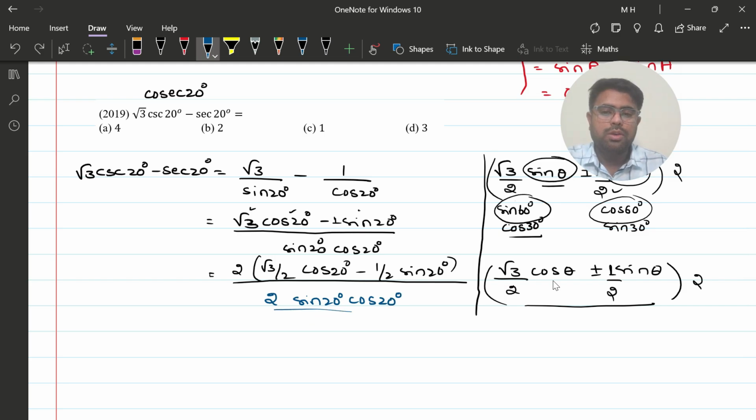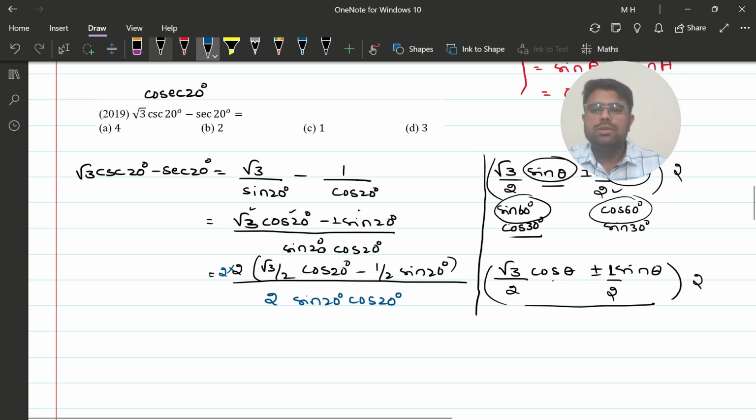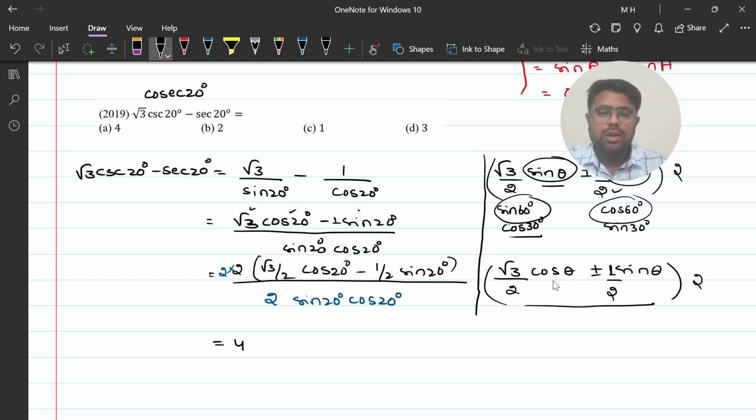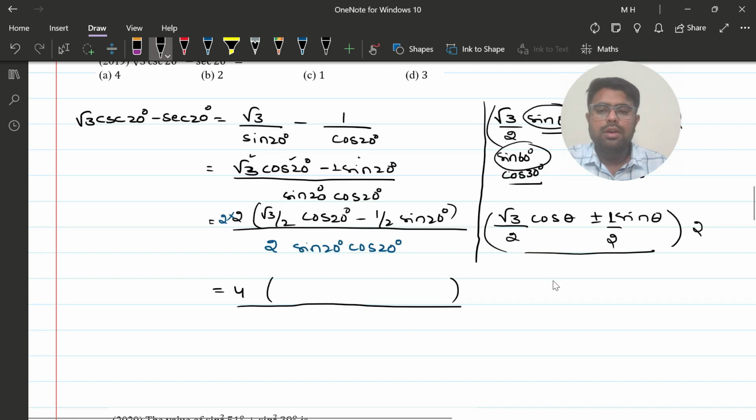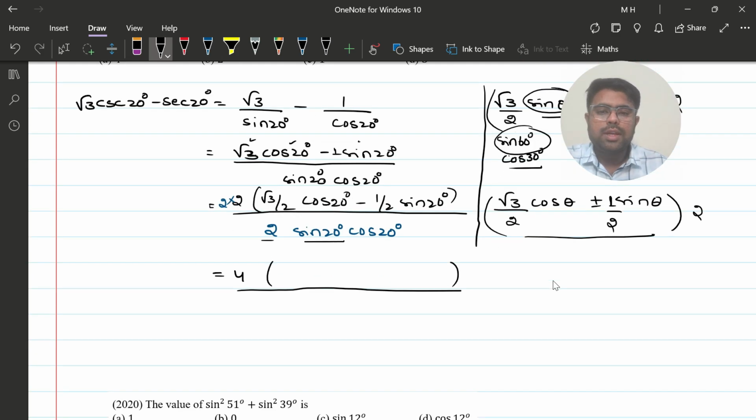That divided by 2 is of course going to appear in the numerator. So 2 times 2 is 4, and I'll leave this as it is for now, whole divided by 2 sine theta cos theta, which is sine 2 theta, that is sine 40 degree.